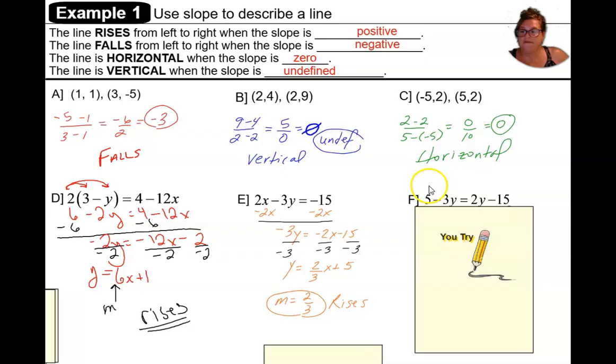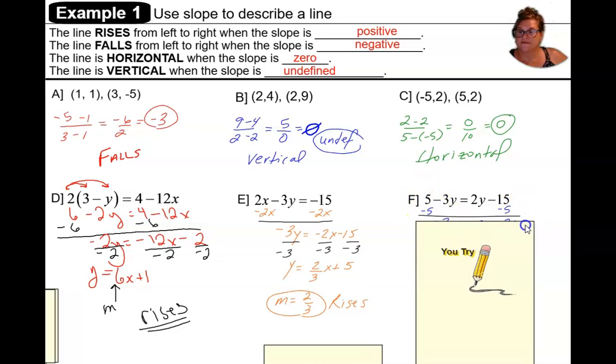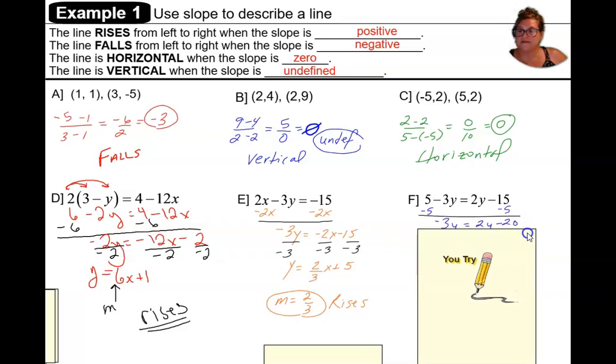So in example F, we're starting with 5 minus 3y equals 2y minus 15. And I'm going to try to get this y here on the left by itself. So I'm going to subtract this constant of 5 to the other side. So minus 5 from both sides leaves me with a negative 3y equals 2y minus 20.